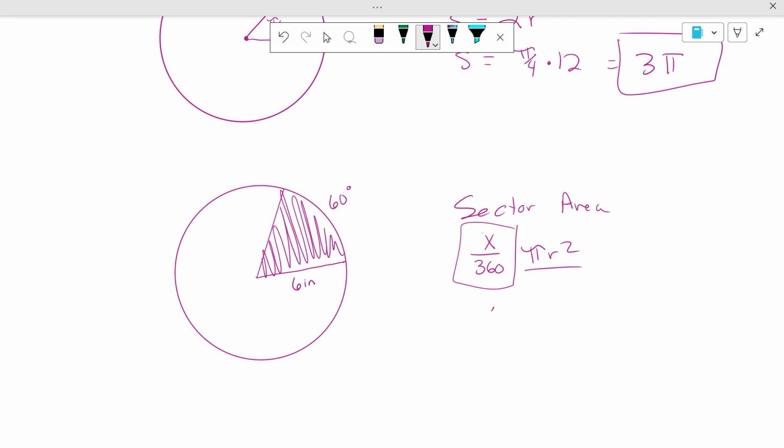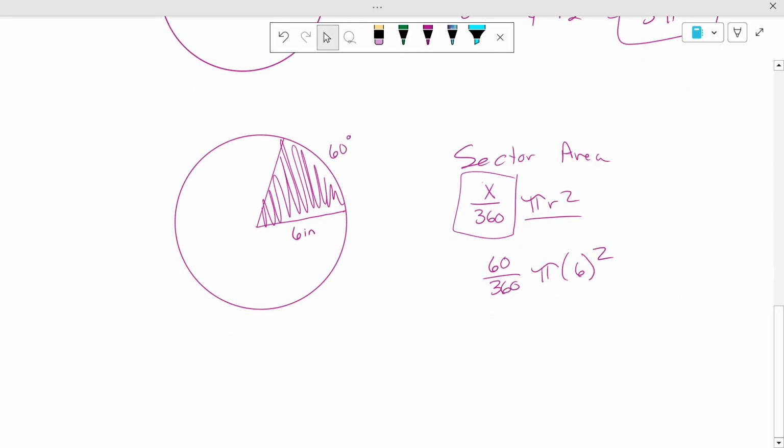So in this case, I take 60 over 360 times pi r squared. 60 over 360 is 6 over 36, or 1/6, times 6 squared is 36 pi. What's 1/6 of 36? So it's 6 pi. I ate 6 pi square inches, or 37 or so square inches of pie.